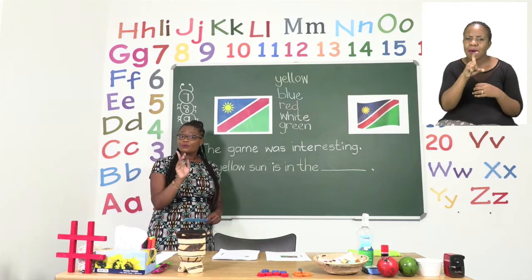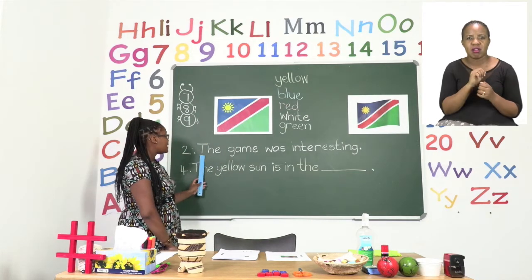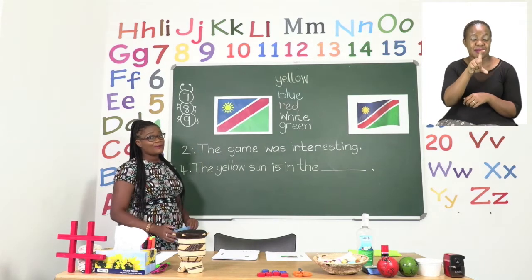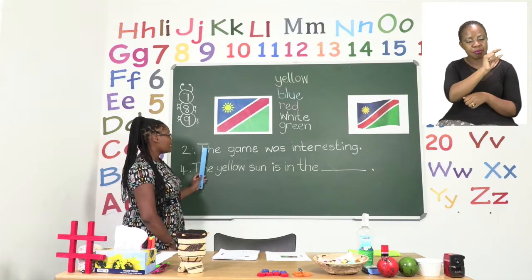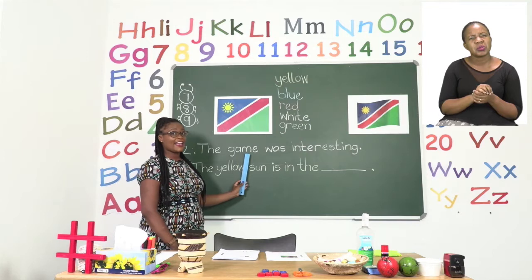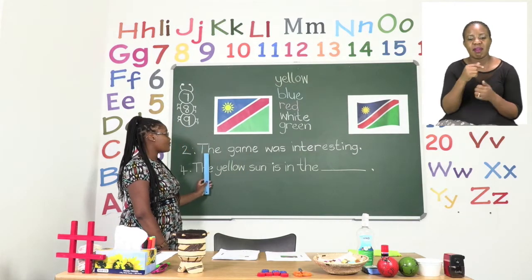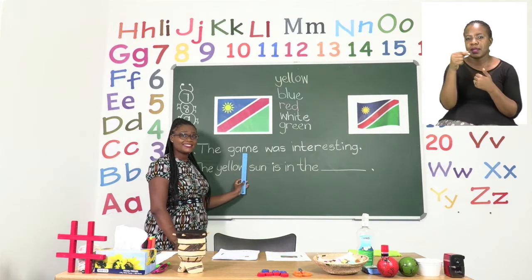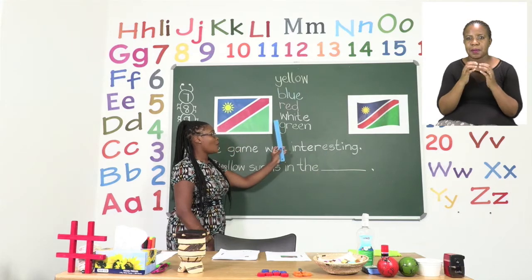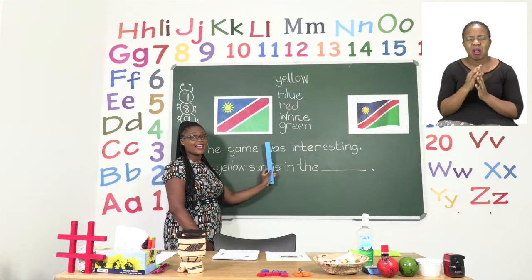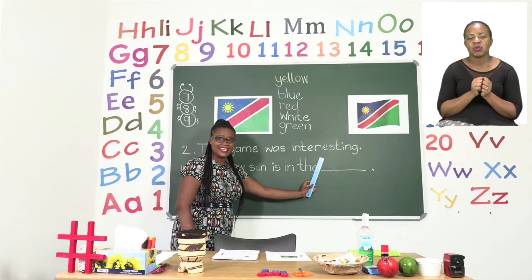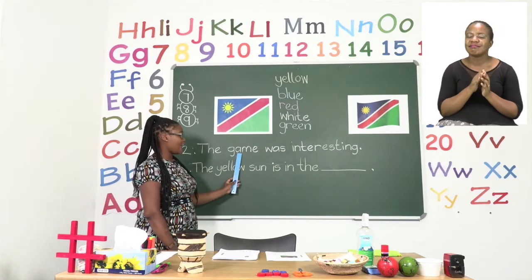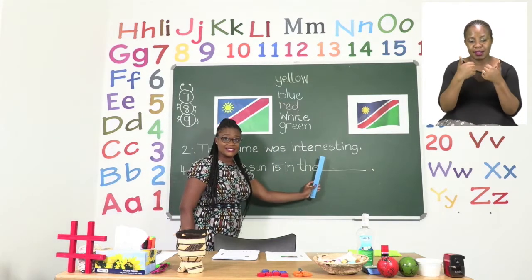So we are going to put the word the at the beginning of a sentence, because when we're making sentences, we start with capital letters. And then we're going to use the word game. So far we have the game. Now it does not make sense if we say interesting was. So we have to say was interesting. So our sentence will now say the game was interesting.